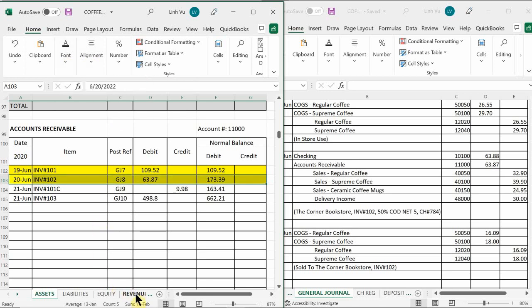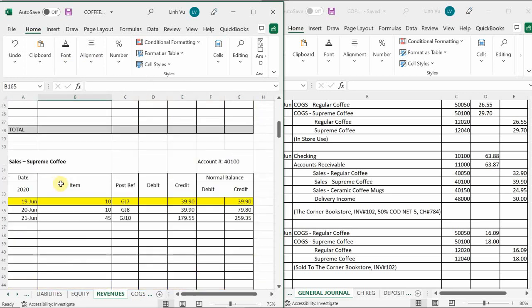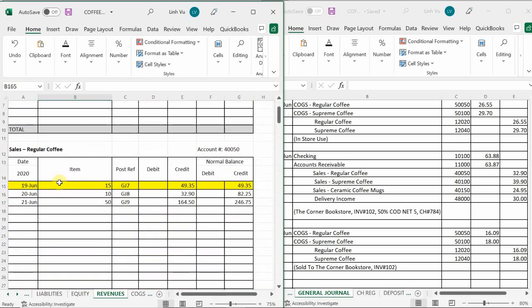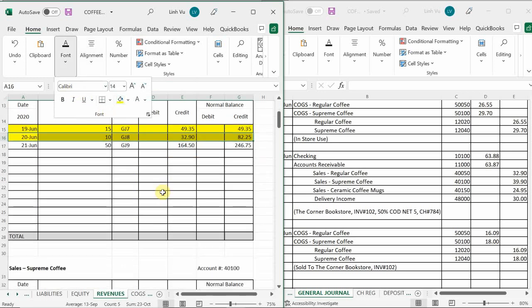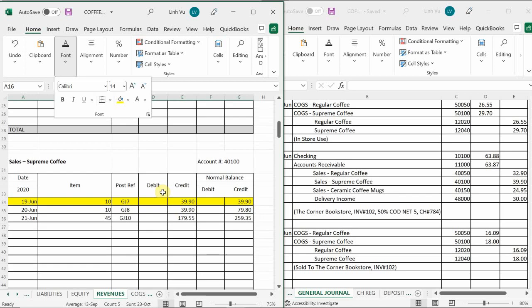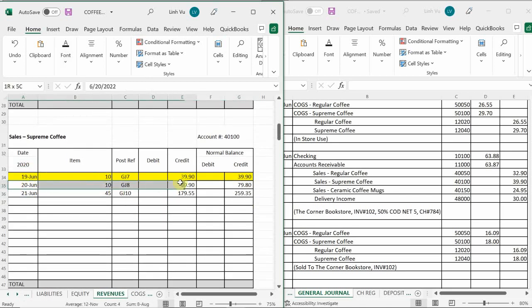Okay, and then I sold to them some coffee. So I sold to them $32 for regular coffee. And then I sold to them for Supreme coffee for $39.